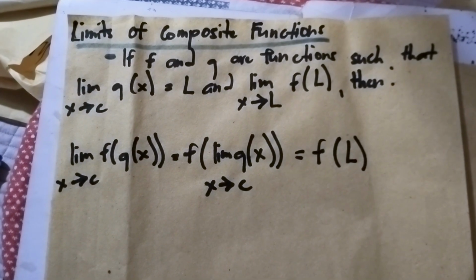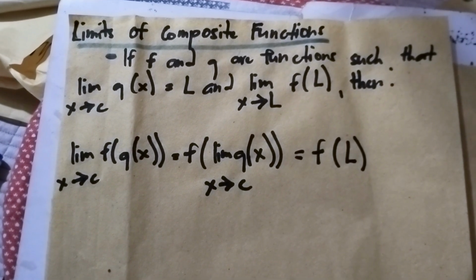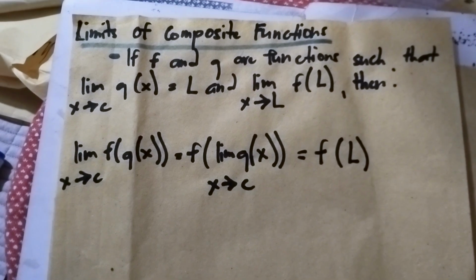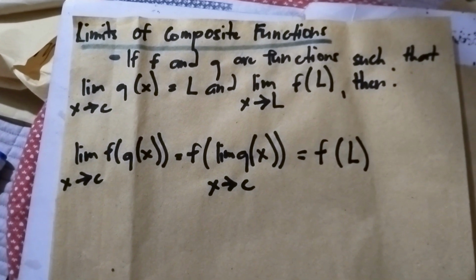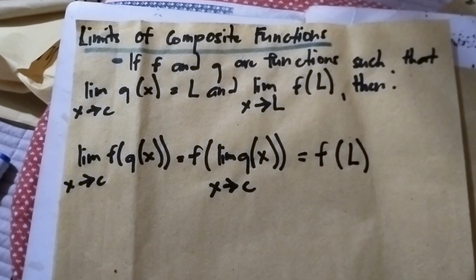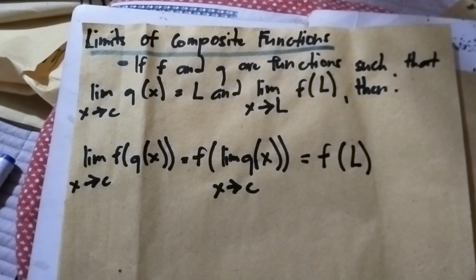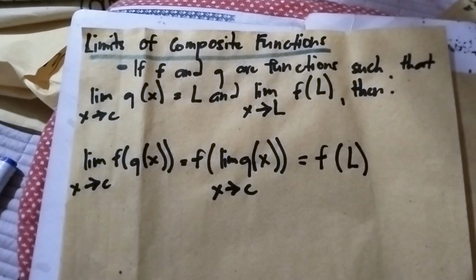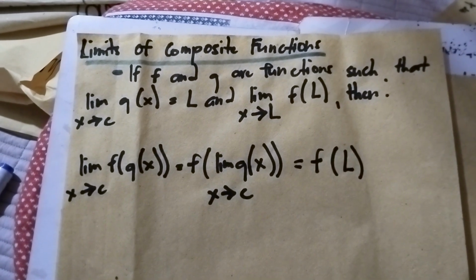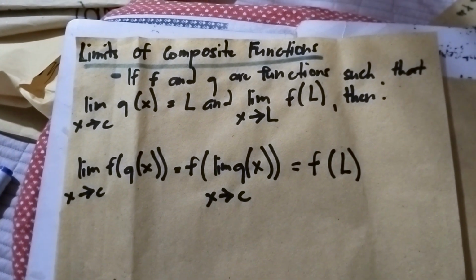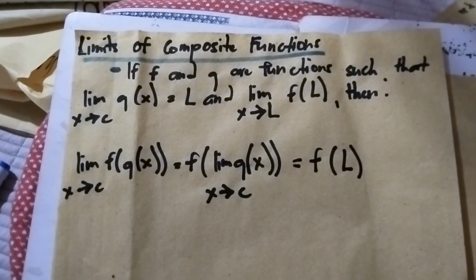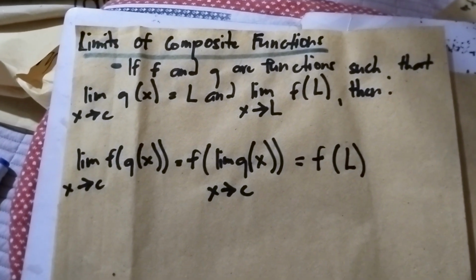Let us proceed to our last topic, which is limits of composite function. So what are composite functions? We can say that composite functions are functions that are inside another function, because if we have f of x na pwede sa sulod sa g of x, or g of x na pwede sa sulod sa f of x, that is an example of composition.